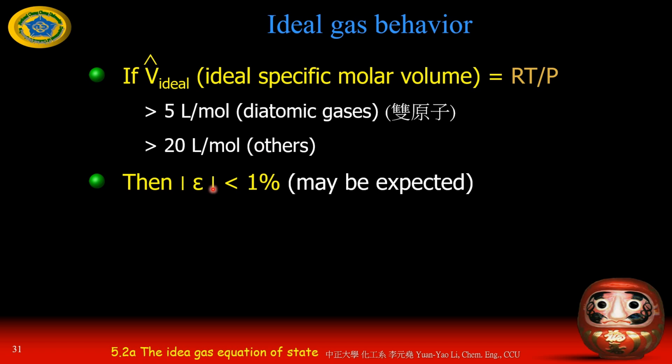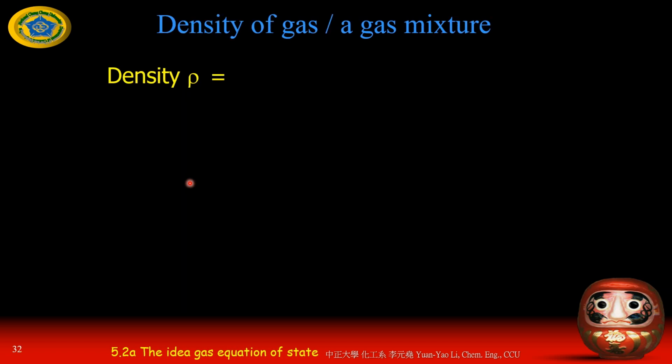In this case, the absolute value of epsilon is expected to be less than 1%. So if you find the specific volume is more than 5 liters, epsilon is generally less than 1% for pressure, temperature, whatever. This is called ideal gas behavior.